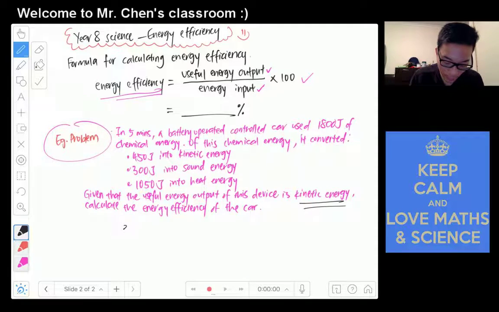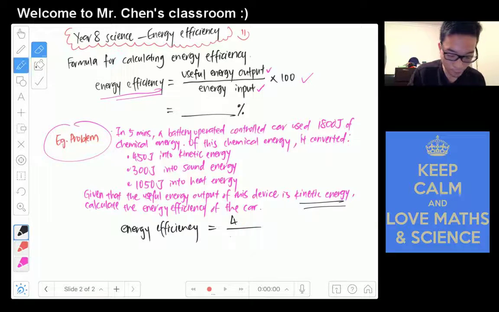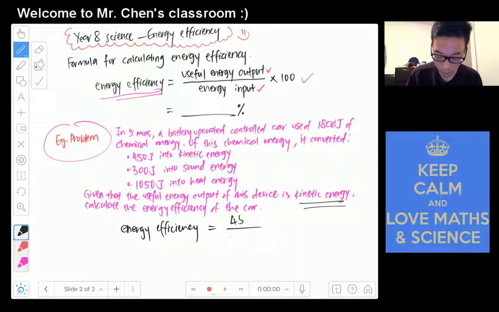Energy efficiency equals the useful, only 450 joules, out of 1800 joules, multiplied by 100.